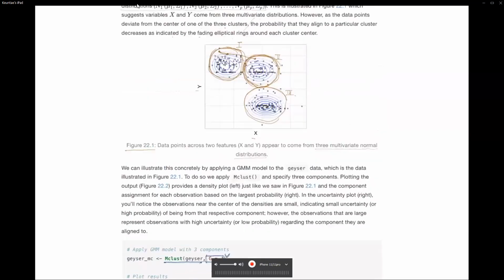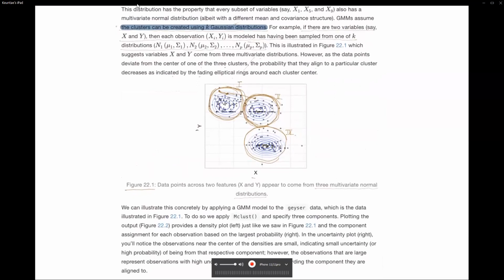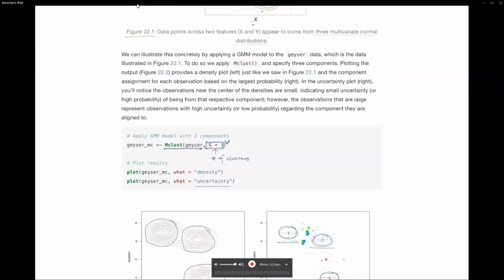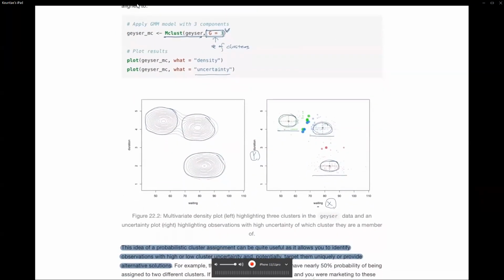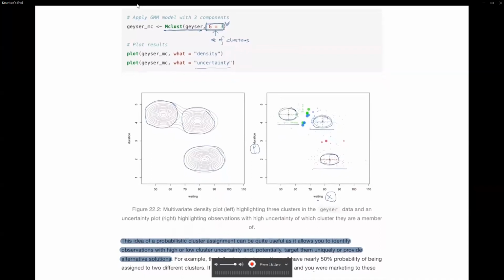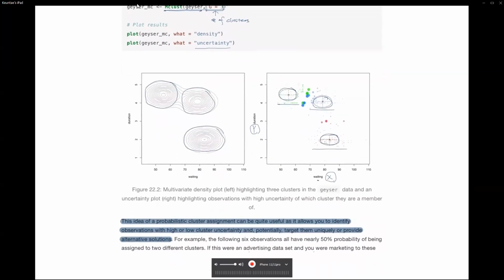So you can compare the top of this plot with this one, and it's the same density and uncertainty plot. And then we can try to identify observations with high and low cluster uncertainty, and this gives us a more distinctive clustering outcome. Okay.